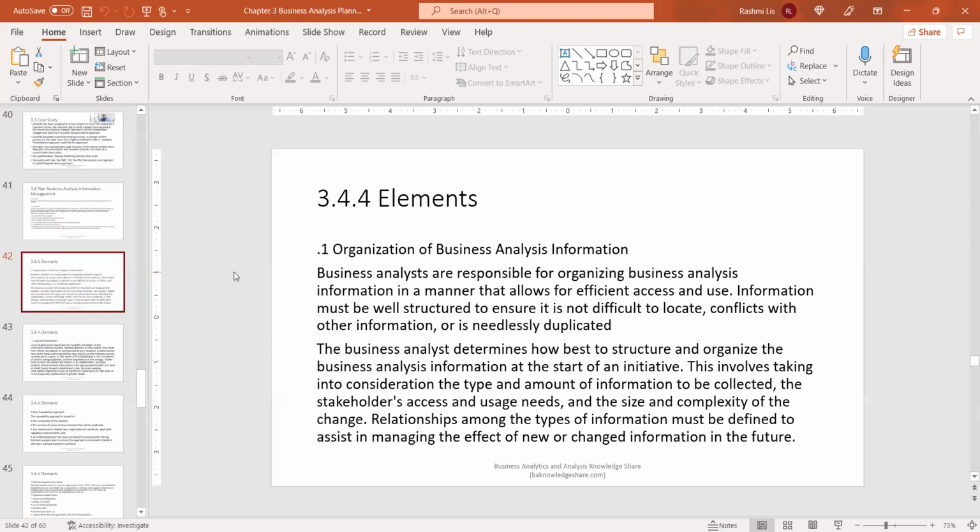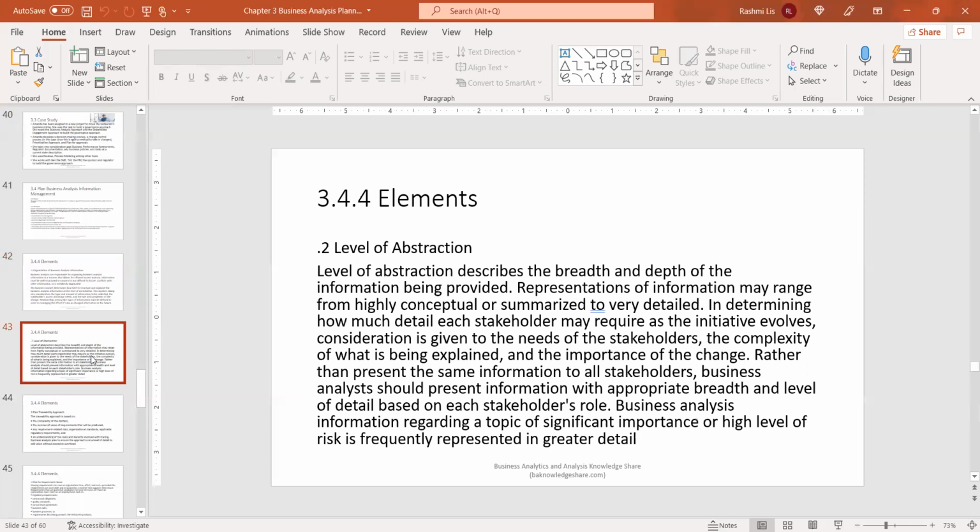What she does is she organizes the business analysis information. She determines the level of abstraction, whether it needs to be at a high level or whether it needs to get to that level of detail. Something to keep in mind for her is that business analysis information regarding a topic of significant importance or high level of risk is frequently represented in greater detail.